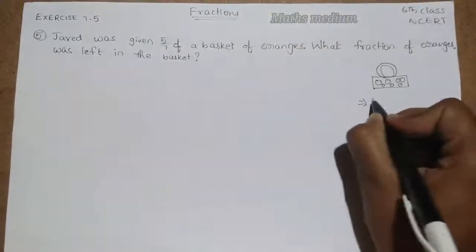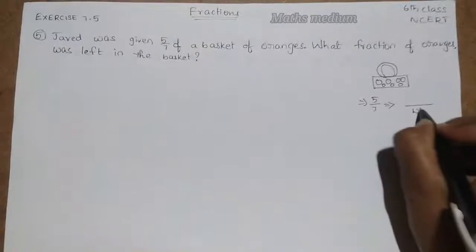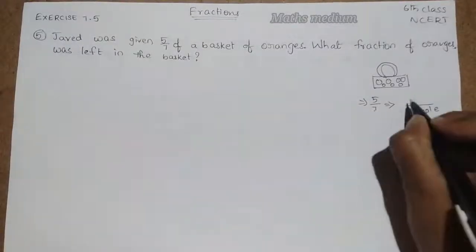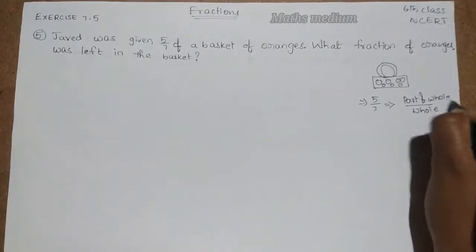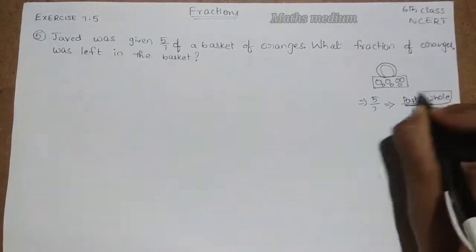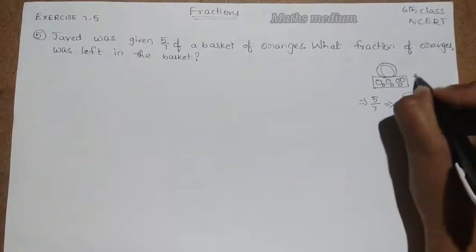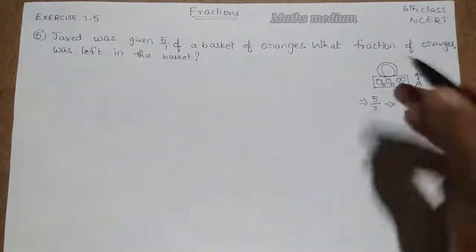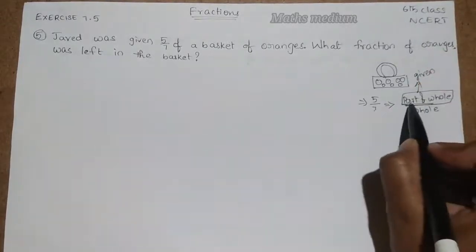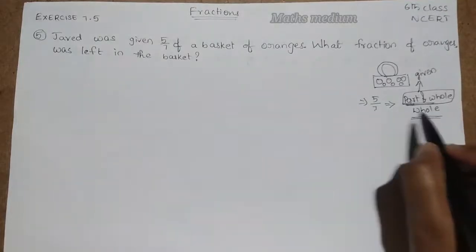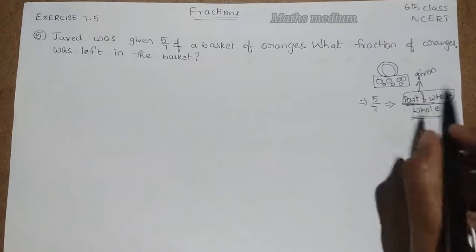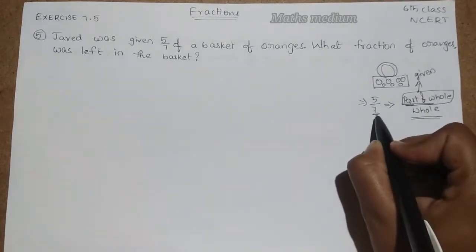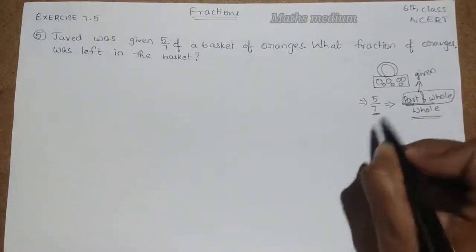In fractions, we know that the whole is in the denominator and the part of the whole is in the numerator. The numerator tells us how much we have taken out or given to another person. So here the whole is denoted by the denominator, that is 7.